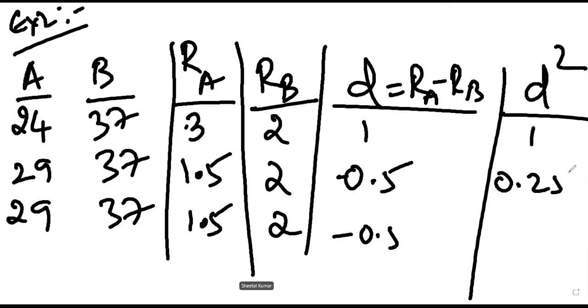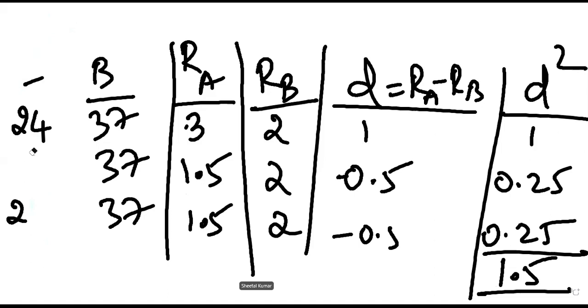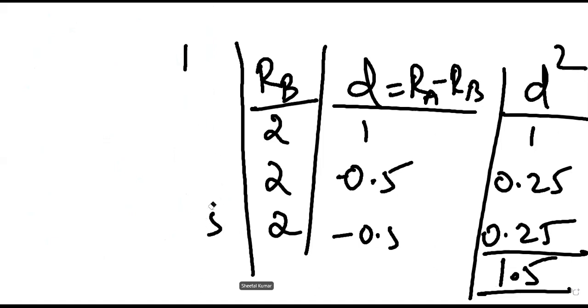Done. Next, we have to determine the total correction. Why? Because two values are repeated here.